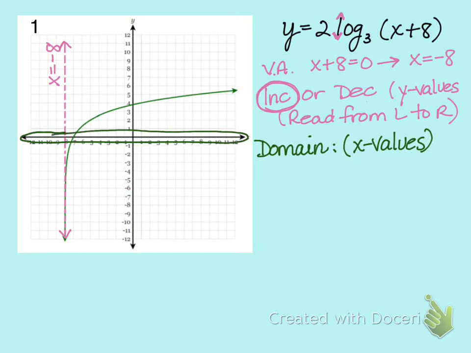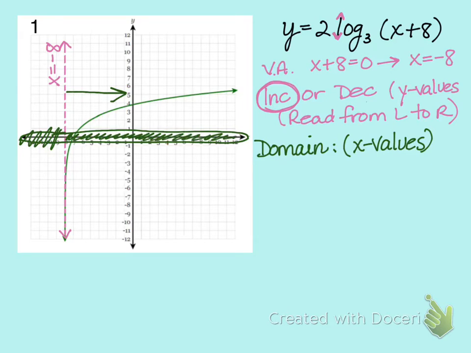One thing we notice is that we are not going to use the entire x-axis. This part right here is never going to be used because our graph is completely on the right-hand side of x equals negative 8. So the only part of the x-axis that we're going to end up using is this.